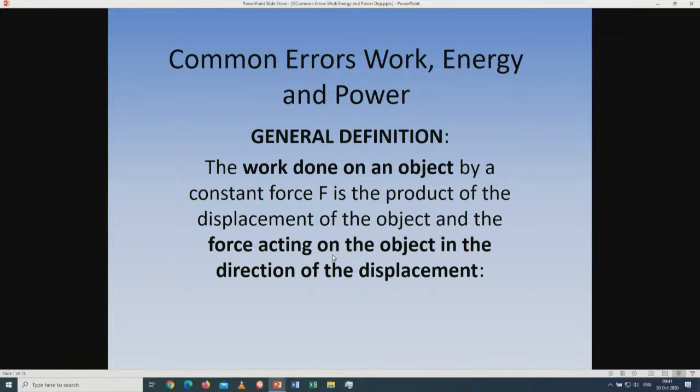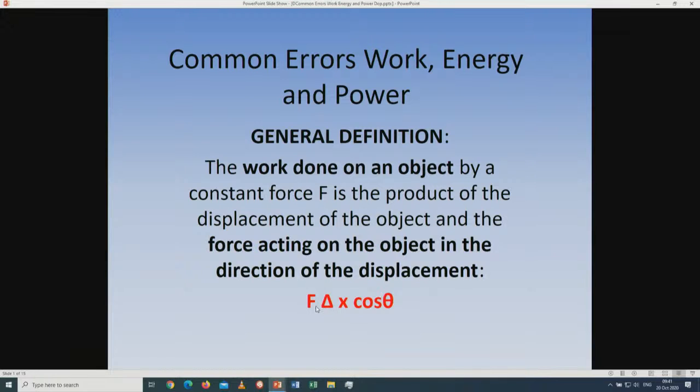In grade 9, normally you don't have any angle between the displacement and the force, so it was a very simple calculation. But now, moving on, we are working with examples where the force and the direction of the displacement aren't the same.